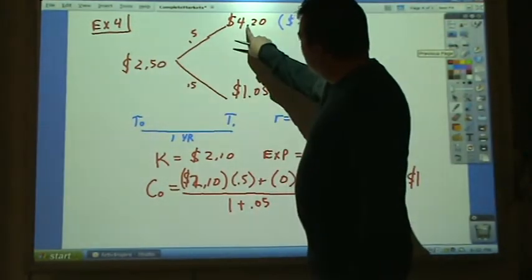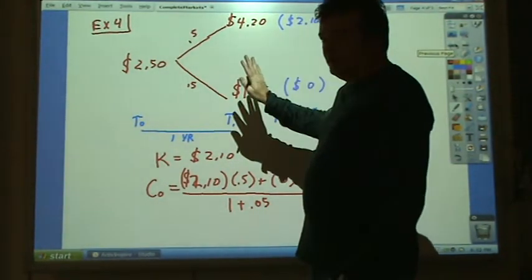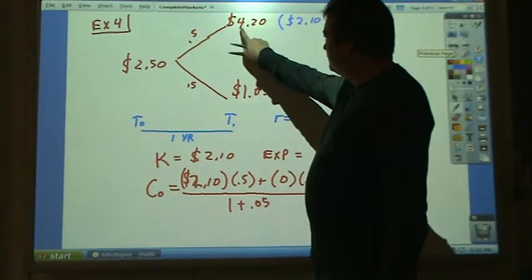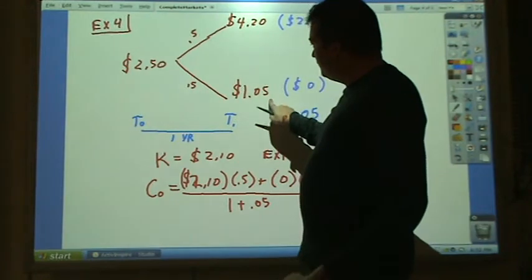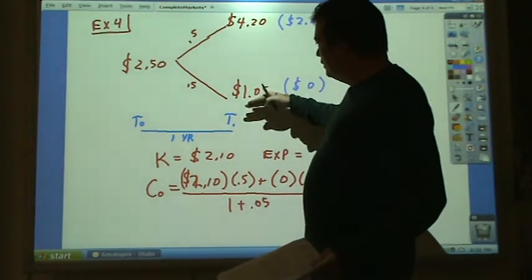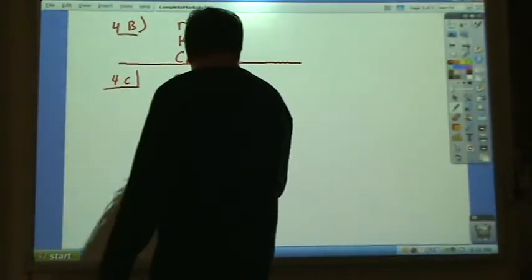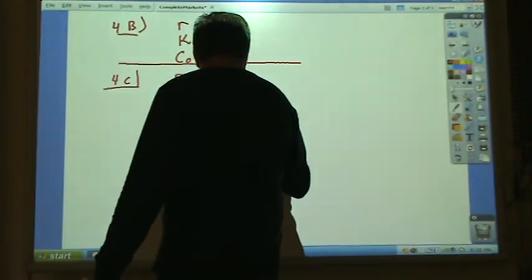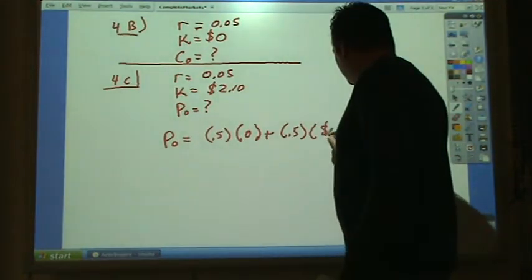If the market goes up, we get everything below $2.10 for a put. So if it goes up to $4.20, we get nothing. If it goes down to $1.05, we get what? We get $1.05. We get everything below $2.10. So we would get 50% chance of getting nothing, plus a 50% chance of getting $1.05.